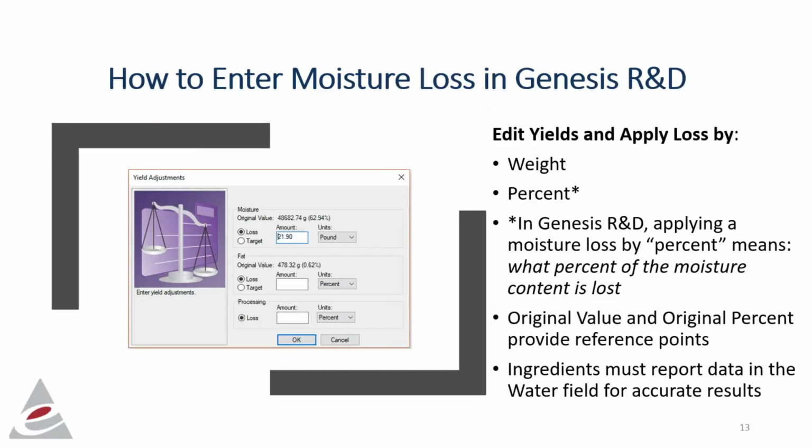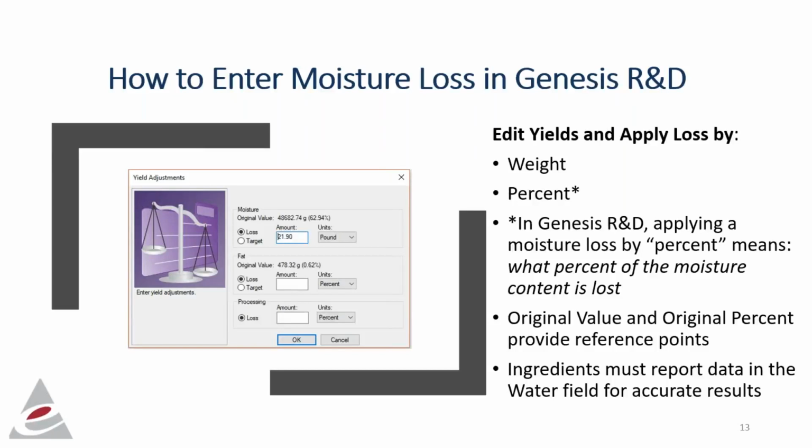Processing loss refers to the amount of the full finished product that might be lost at preparation surfaces or on production lines. And the processing loss removes a portion of the entire batch rather than just one component like moisture or fat. And you can see with the moisture loss that we can enter loss in terms of weight or by percent.